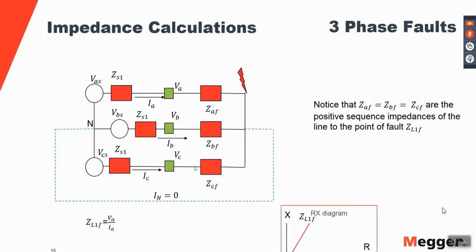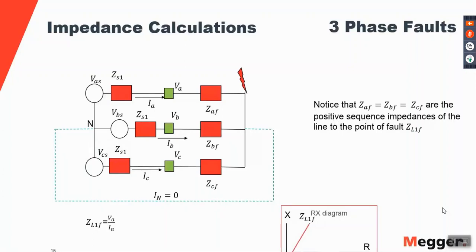We can say then that the impedance to the fault will be simply the voltage at the measurement point to the neutral divided by the current that's circulating in that particular phase. Now, the impedances that we're using here, that we are calling ZA to the fault, ZB to the fault and ZC to the fault, are the positive sequence impedances of the line to the point of fault.